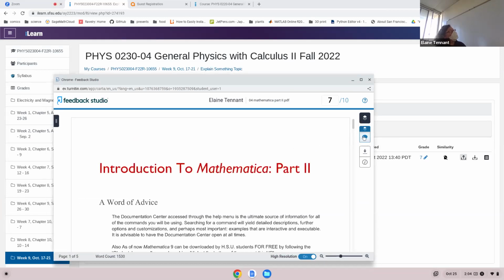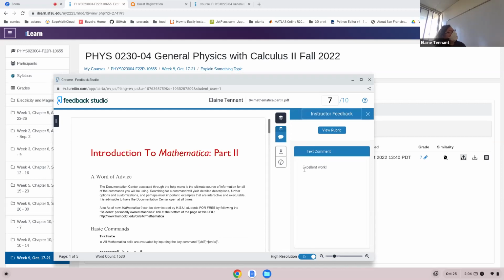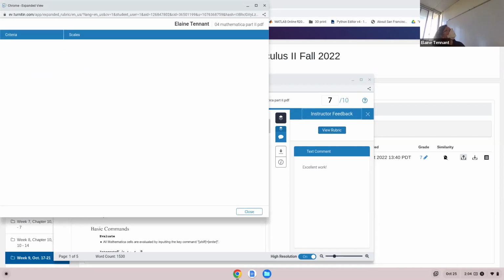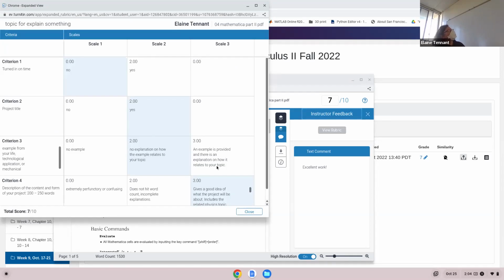And if you go over to this speech bubble, if I leave you, so I probably won't leave a whole lot of comments, but if I do need to leave you a comment, that's where it's going to be. So you should check that. Also, if you hit this view rubric button, you will see the rubric that I used, and this is where you can tell where you lost points.